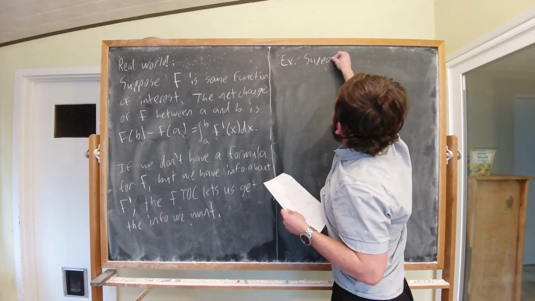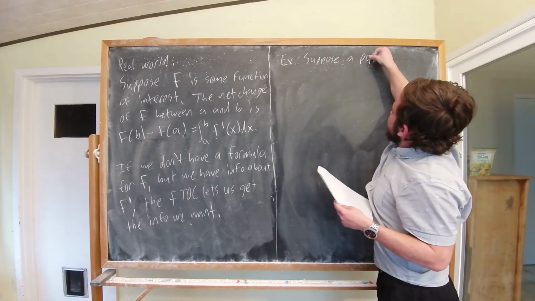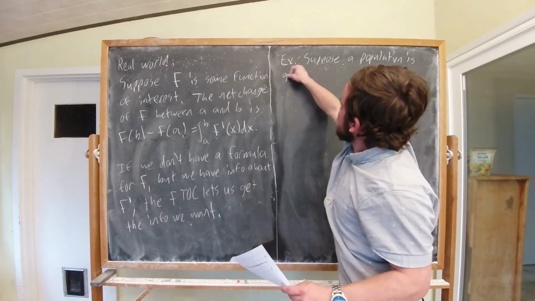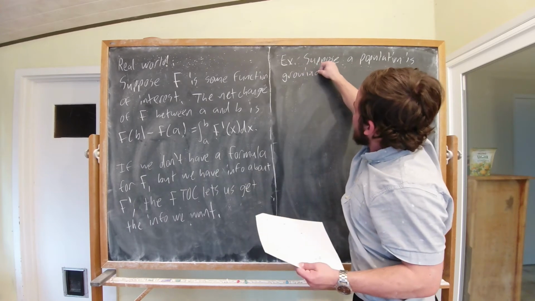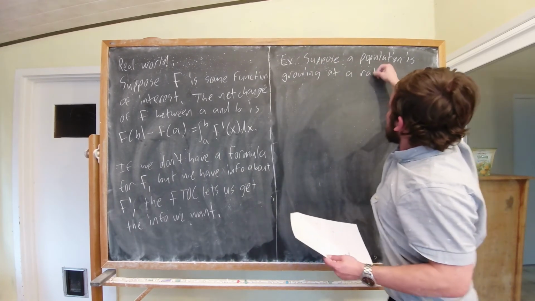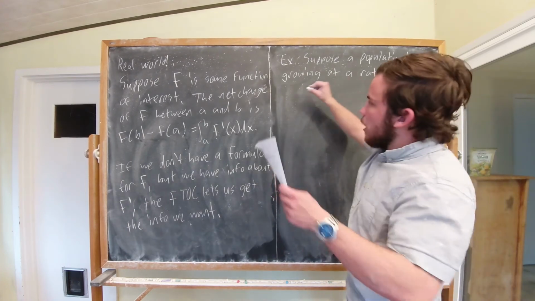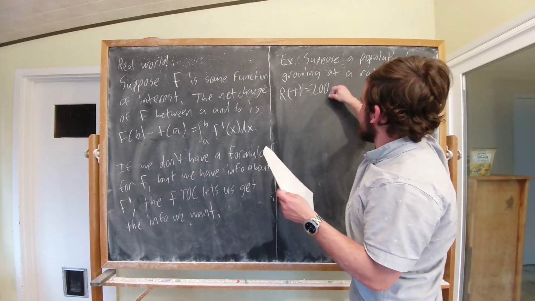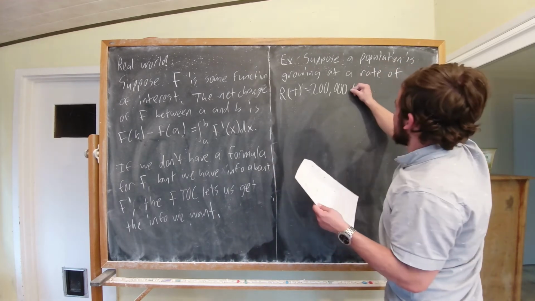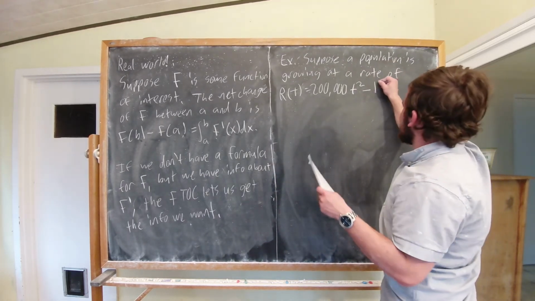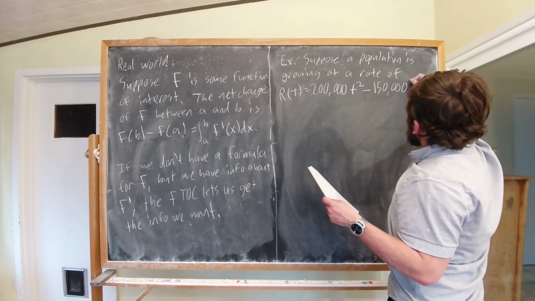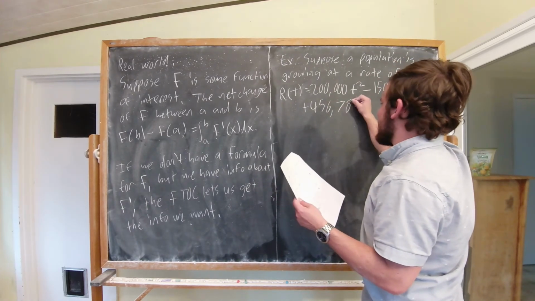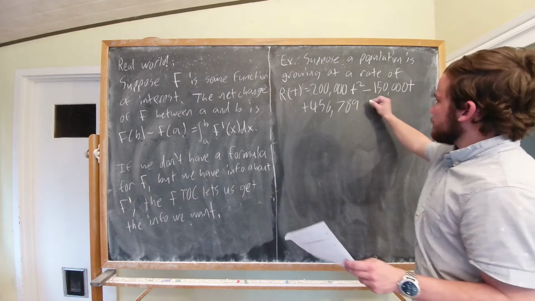Suppose a population is growing at a rate of R of t equal to 200,000 t squared minus 150,000 t plus 456,789 people per decade.